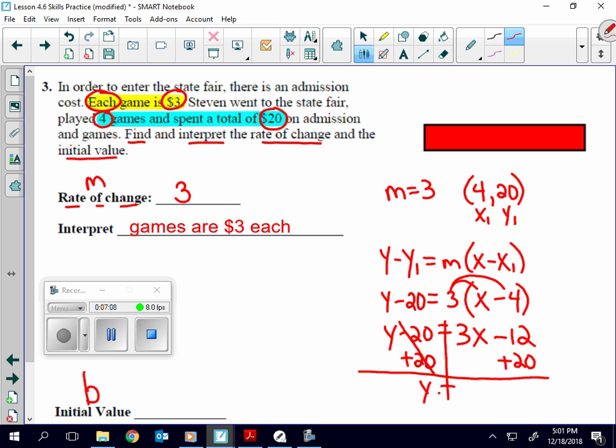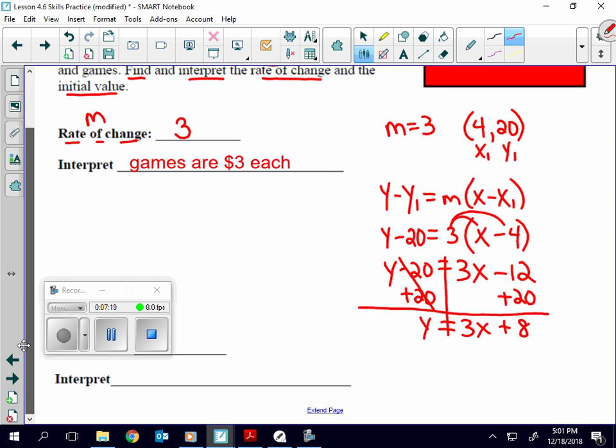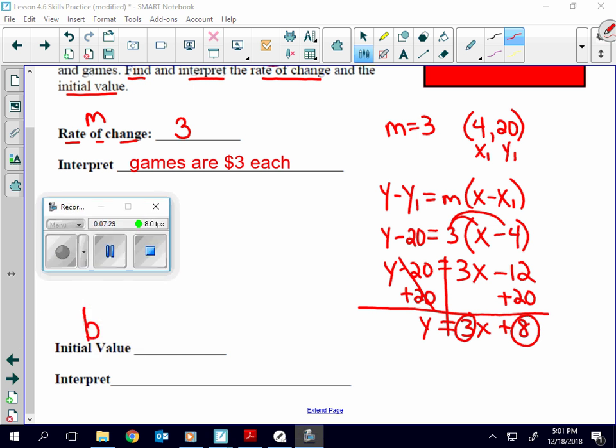So y equals 3x plus 8. So this time, hey, that's kind of funny. They're the same numbers as last time. The slope was 3 again, and the y-intercept was 8 again. So the y-intercept is what we want for the second piece here. The initial value, the y-intercept, is 8.